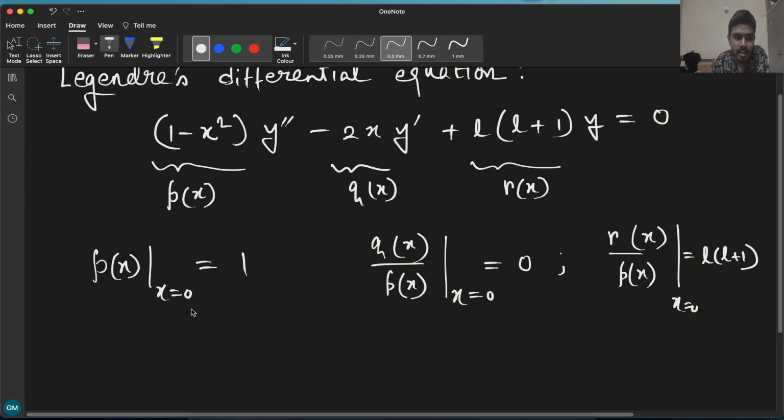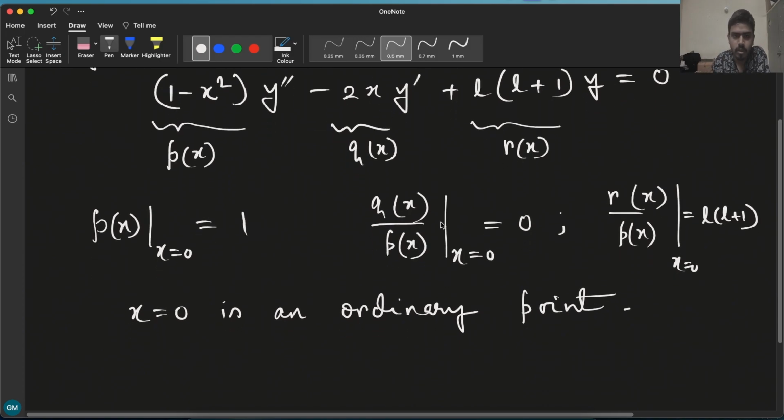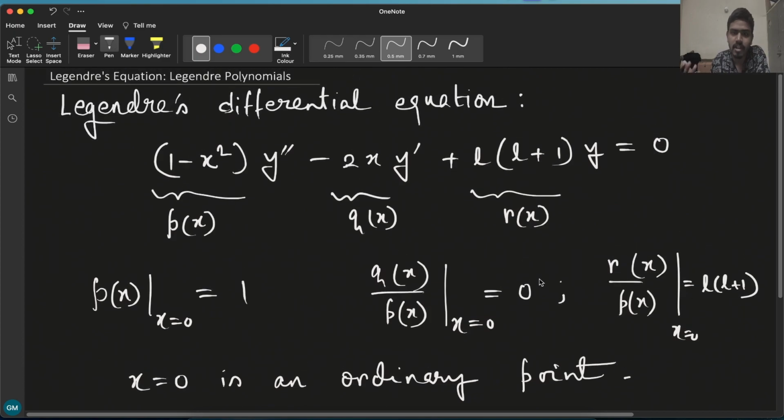So both of these ratios are analytic at x equals 0. That means x equals 0 is an ordinary point for this Legendre differential equation.